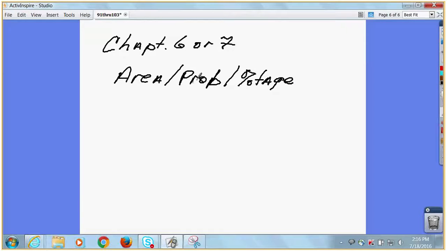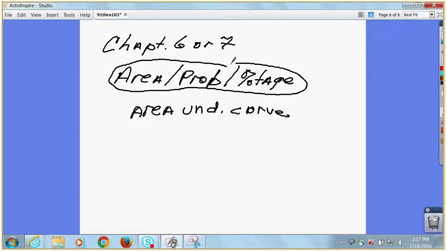The same thing. The area under the what? Under the curve. So all of these names represent the same thing, the area under the curve.